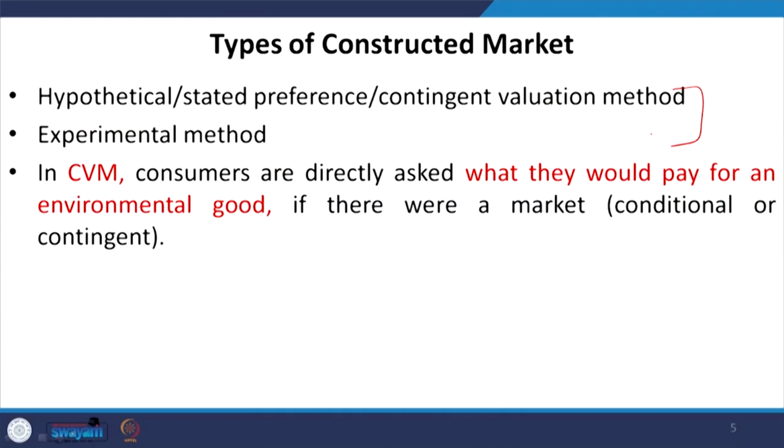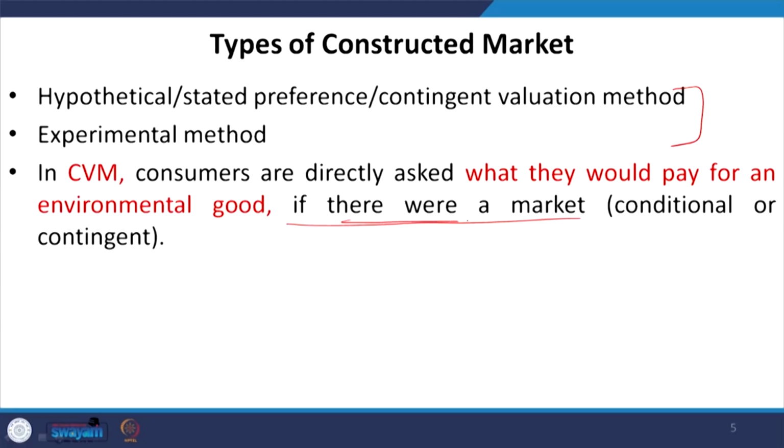It is purely hypothetical in nature, because we are putting this sentence, if there were a market, that means it is a conditional one. If there were a market, what would consumers be interested to pay for an improvement in an environmental good, but actually there is no market for it. So, this market is just a hypothetical one.